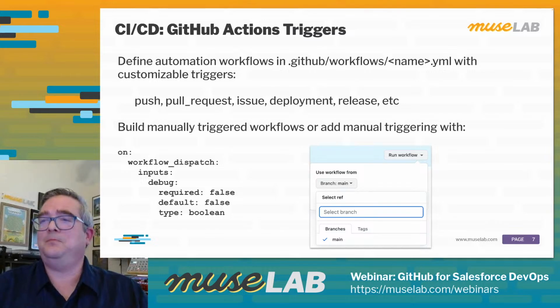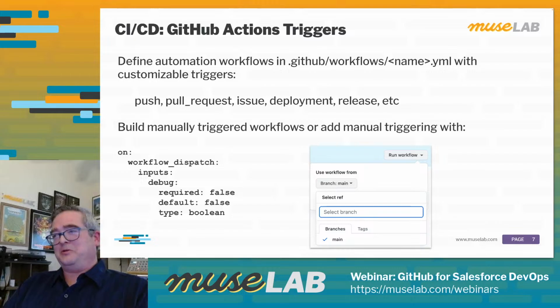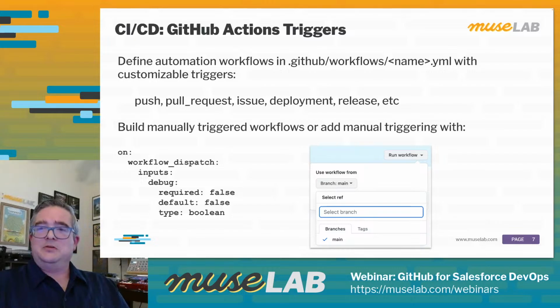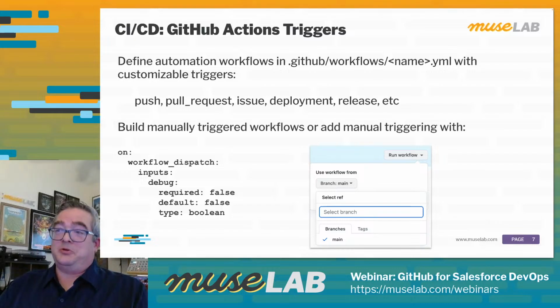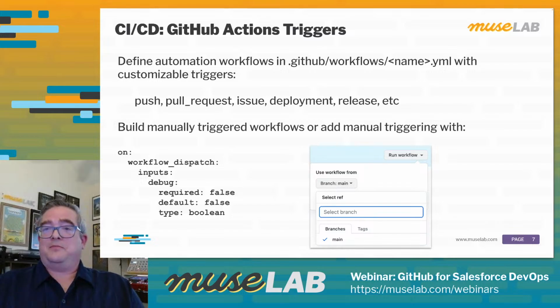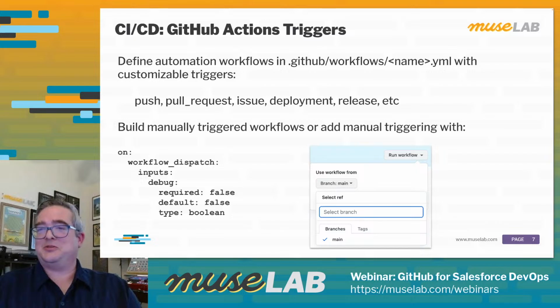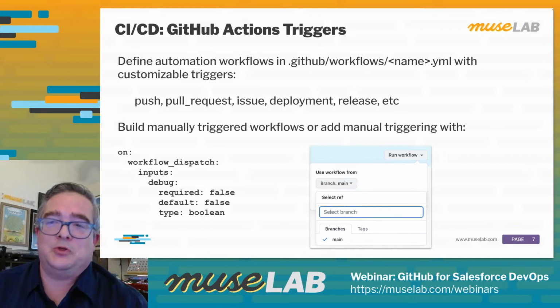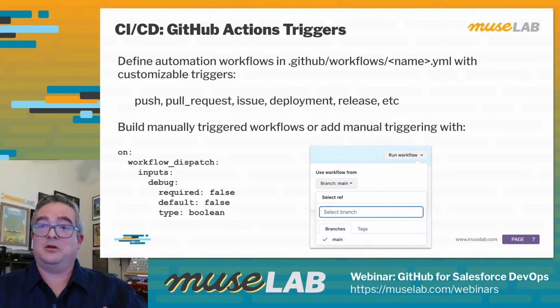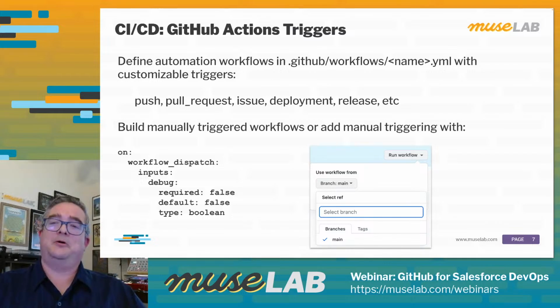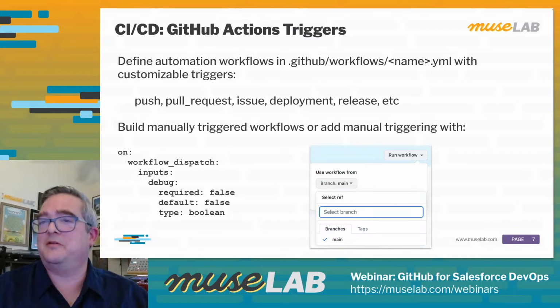One of the other things you can do with actions is build actions that can be manually triggered. For example, if you define an action that's triggered on the workflow dispatch event, this is an event that can accept input. It prompts the user when they go to run it: a user manually runs this from the GitHub interface by clicking on Run workflow and filling out the form with the required information.